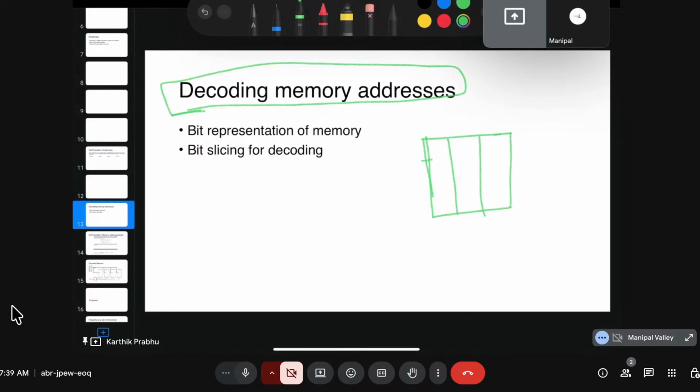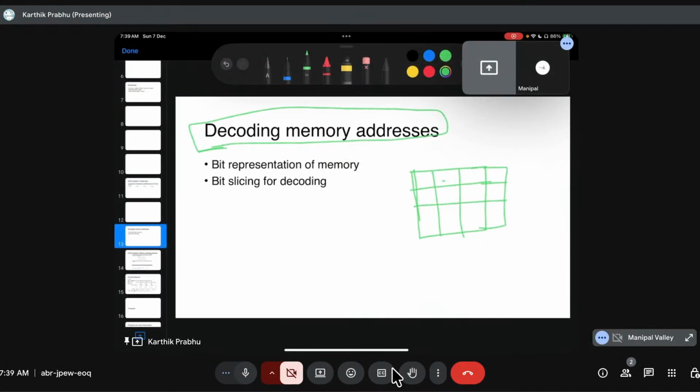Let me think. One, two, three, four. So four, maybe I could do this a grid. So this is okay, not 8, say 16 locations. So this is a grid with 16 locations.